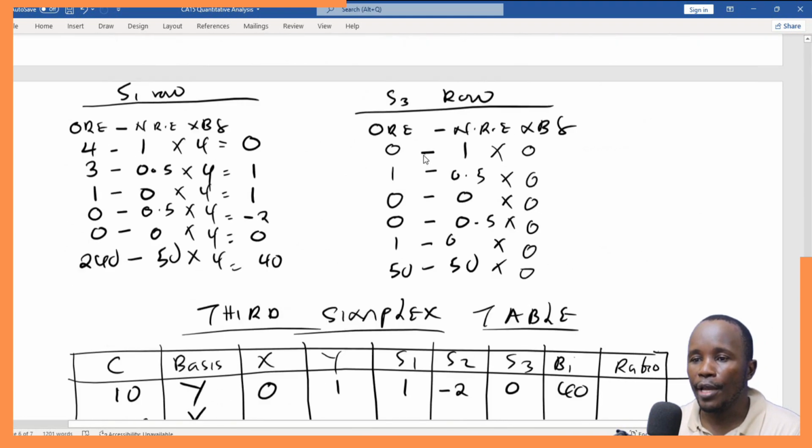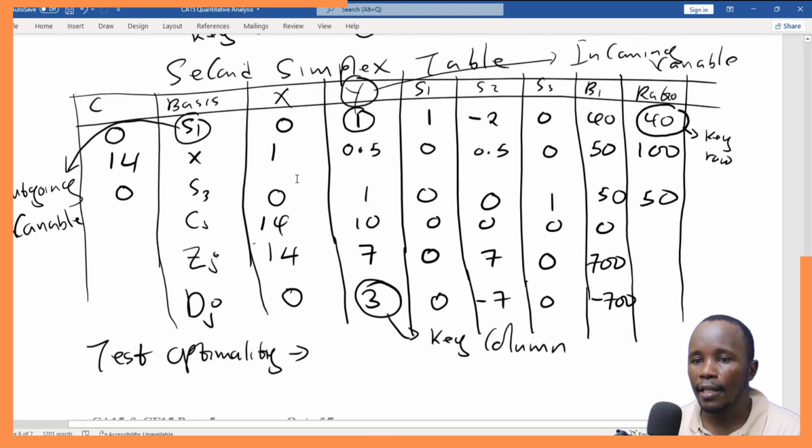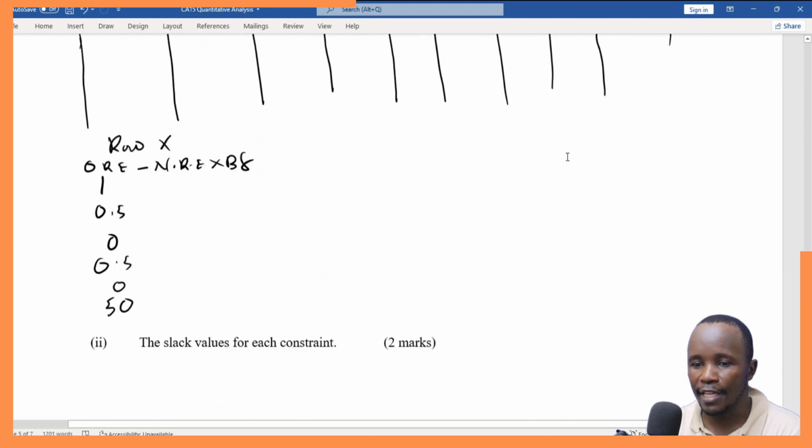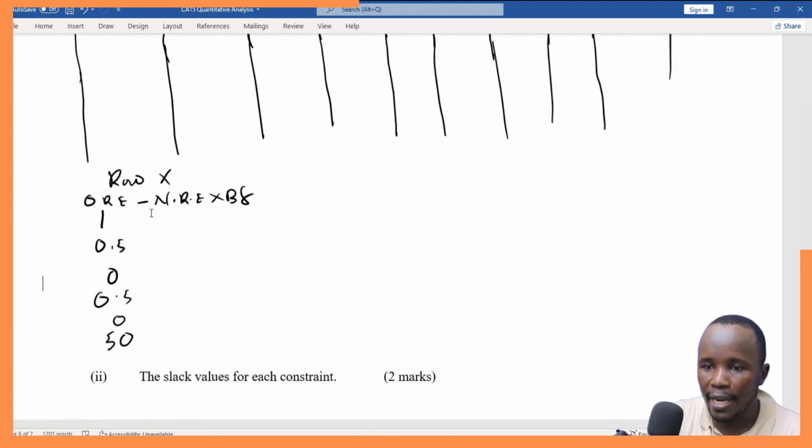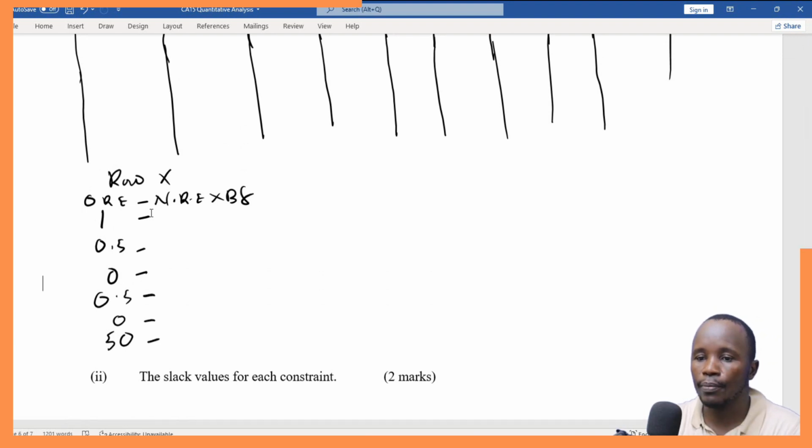Good. I hope we are clear at that point. I'm picking the old row elements in the row of x, which are available in the second simplex table: 1, 0.5, 0.5, 0.5. They are the ones which I have transferred here. Minus. We are subtracting the new row elements obtained in the third table.